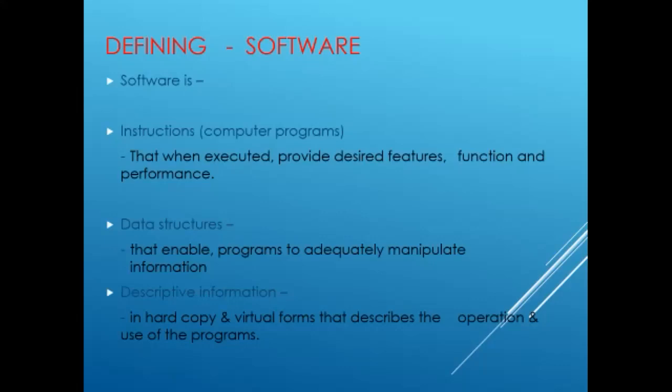Data structure enables programs to adequately manipulate information, and the descriptive information in hard copy and virtual form describes the operation and use of the programs. This is the simple definition of software.